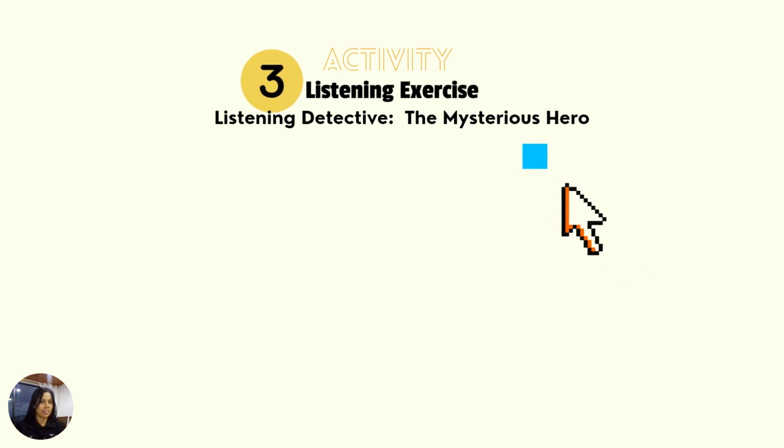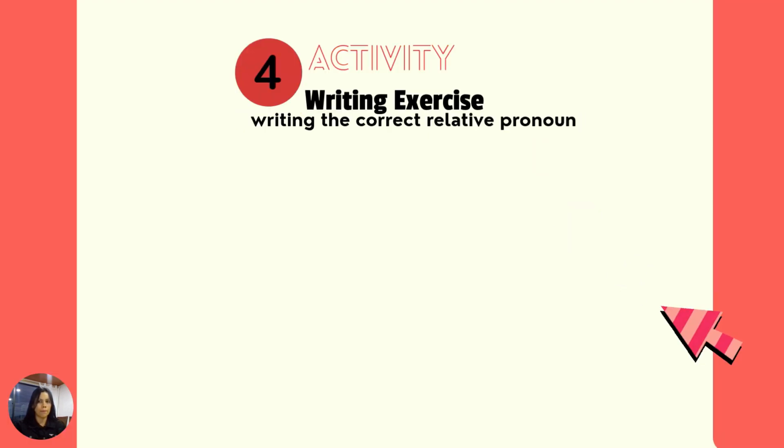The third activity is a listening exercise, where you will listen to an audio and fill in the blanks. Finally, the fourth activity, a writing exercise, asks you to look at the image and write the correct relative pronoun.